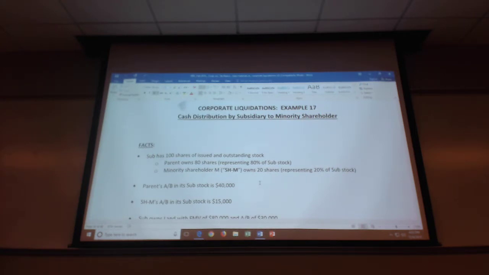But what happens if the subsidiary is not owned 100% by the parent, but it's owned somewhere between 80 and 99? If it's owned less than 80%, then we're no longer talking about 332 or 337.